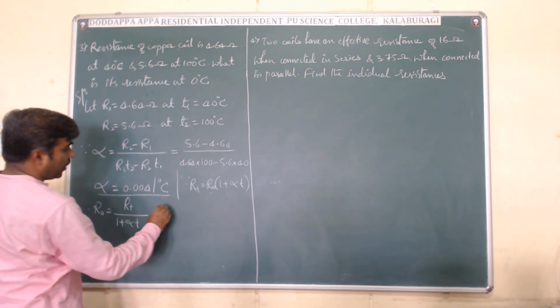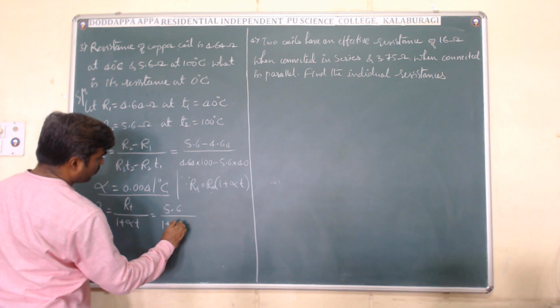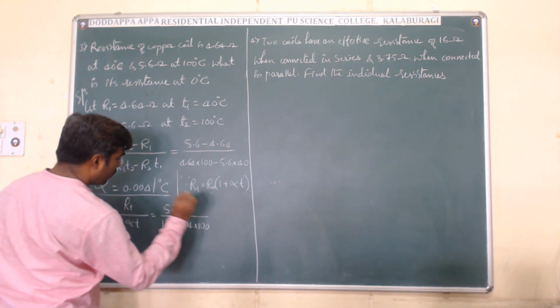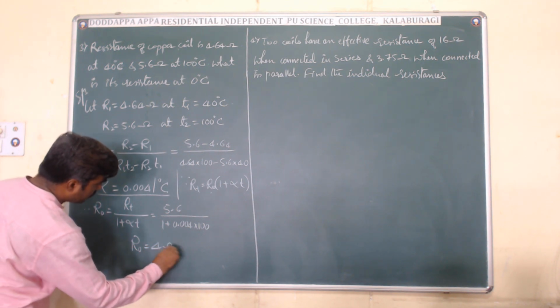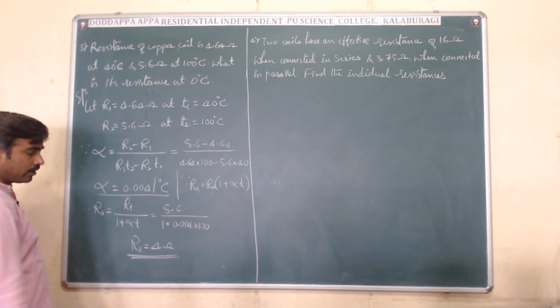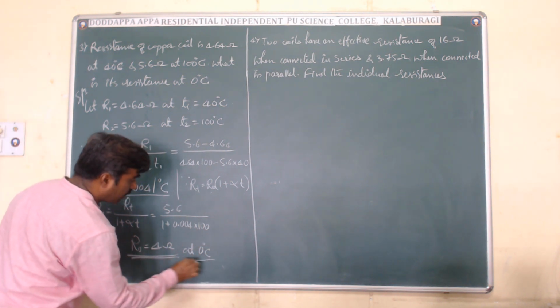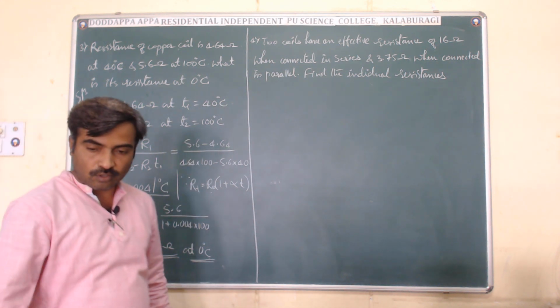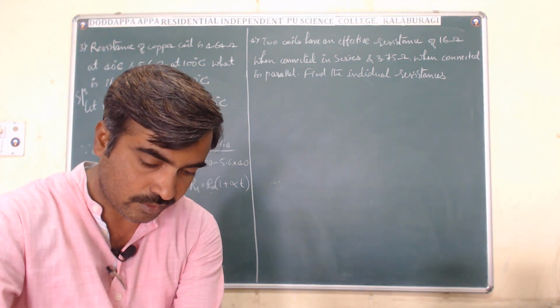So here RT value is 5.6 ohms, and alpha value is 0.004 times 100. When you solve this, R naught is equal to 4 ohms. So that is the resistance at 0 degrees centigrade. I hope you understood this one. It is based on temperature coefficient values.